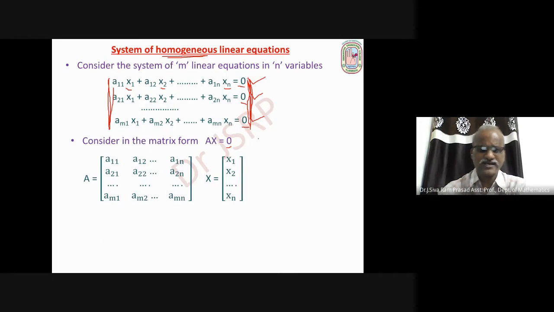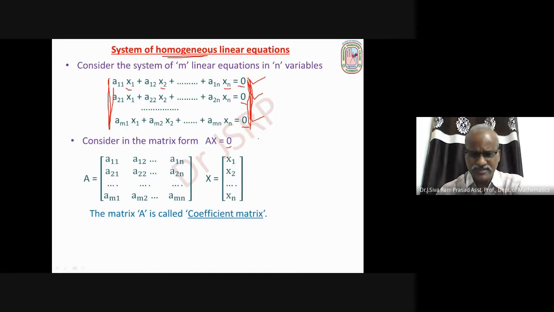So that solution is called the trivial solution or zero solution. Now our aim is to verify whether the system has only the trivial solution or has non-trivial solutions. Non-trivial solution means non-zero solution. Okay, so that is the task of this procedure. The matrix A is, as usual, the coefficient matrix.